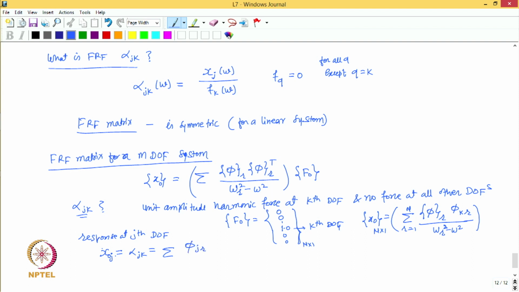So only the jth element of the rth eigenvector will be remaining here, right. So we get alpha jk equal to the summation of phi jr phi kr over omega r square minus omega square, r varying from 1 to n. In this way you can see we got this expression for the FRF alpha jk.